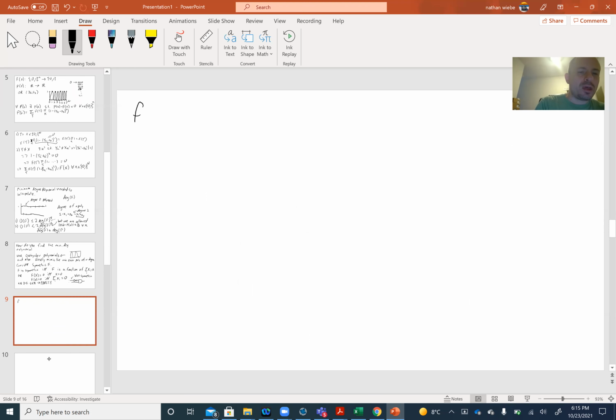So for symmetric functions, there's this theorem that was shown by Paturi in 1992.